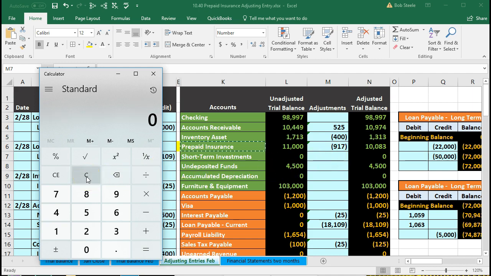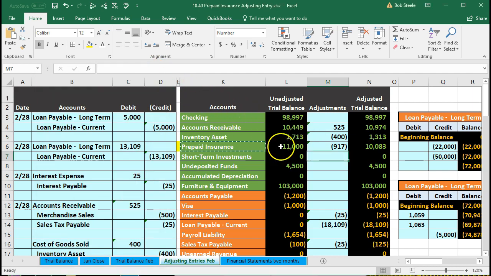Or in other words, if we take the 11,000 for the year, 12 months, divided by 12, we get the 916. If we're saying 1 month has passed, then we still have the 11 months left. So if we multiply that times 11, that's what this number should be. So we can double check our numbers a couple different ways, both on the expense side and what is still left in the prepaid insurance.